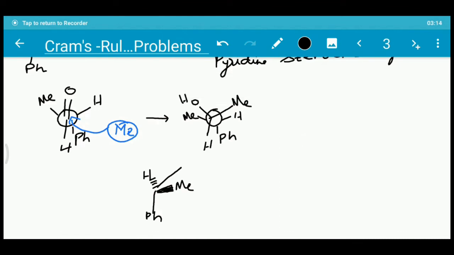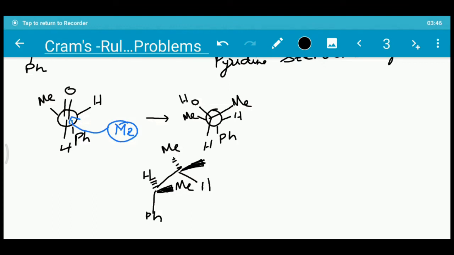Now on my opposite side, I will have my methyl group here, my OH here, and my hydrogen here. Now, let me draw the hydrogen in a different way. So my hydrogen here.